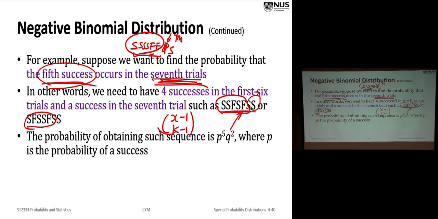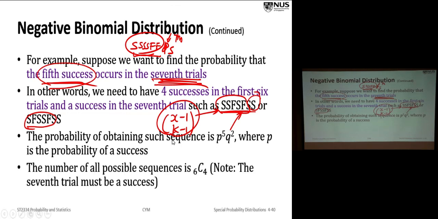So you just have to figure out how many sequences you can have for X minus 1 terms, and among these you have K minus 1 successes. So the number of choices here is choose 4 out of 6. These are 6 trials, and then you need 4 successes.